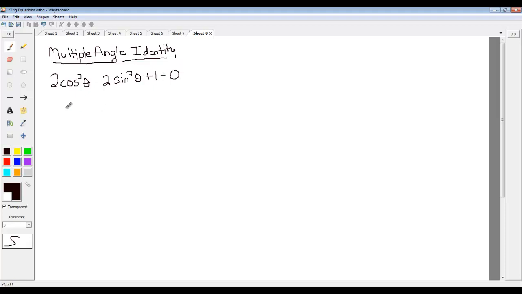Well, this one, if you factor a 2 out right here, you got cosine squared theta minus sine squared theta, which is one of your known identities. That is cosine 2 theta.